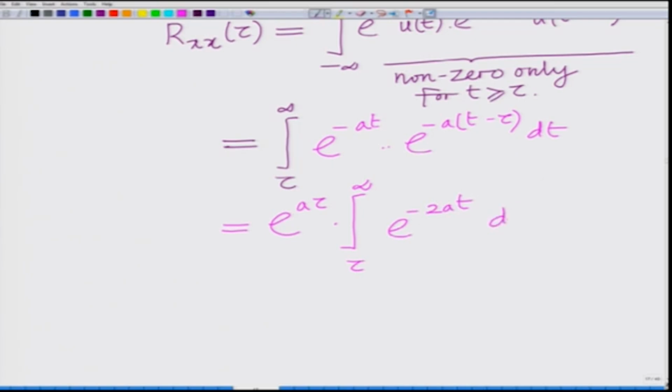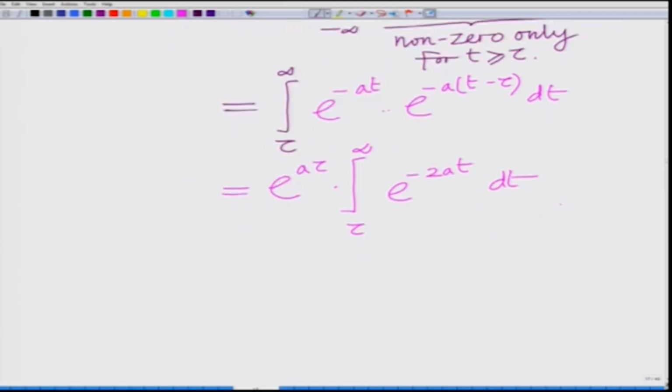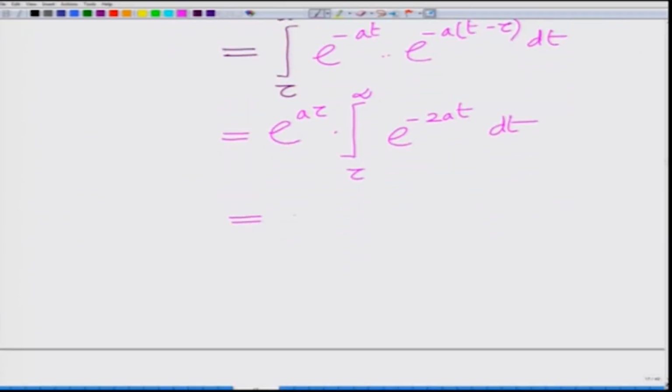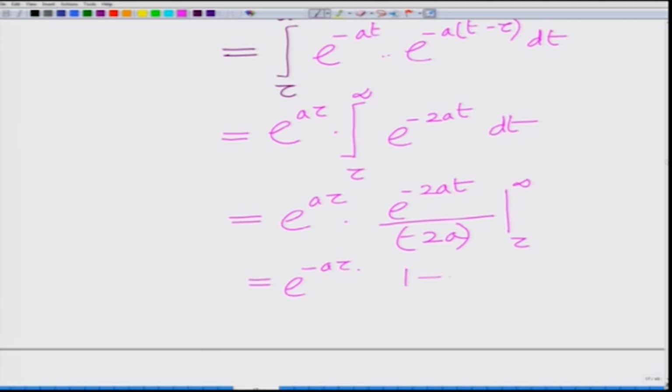e to the power of minus 2a t dt, which is basically equal to e to the power of a tau times e to the power of minus 2a t divided by minus 2a, evaluated from tau to infinity. Substituting the limits, at t equal to infinity this is 0, minus e to the power of minus 2a tau, divided by minus 2a.